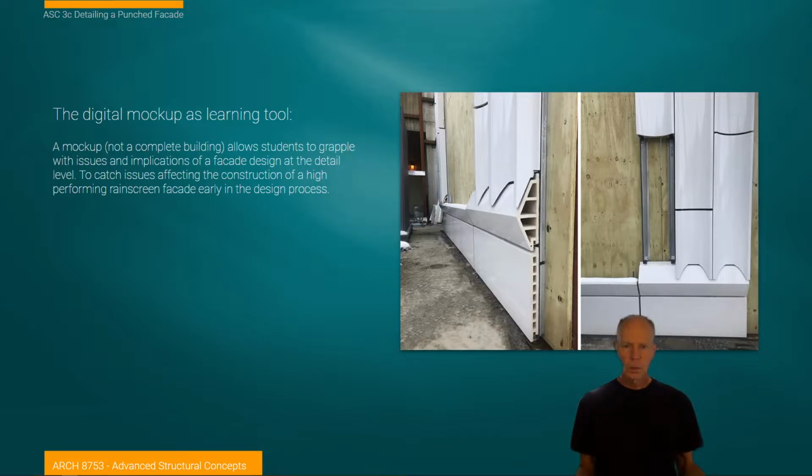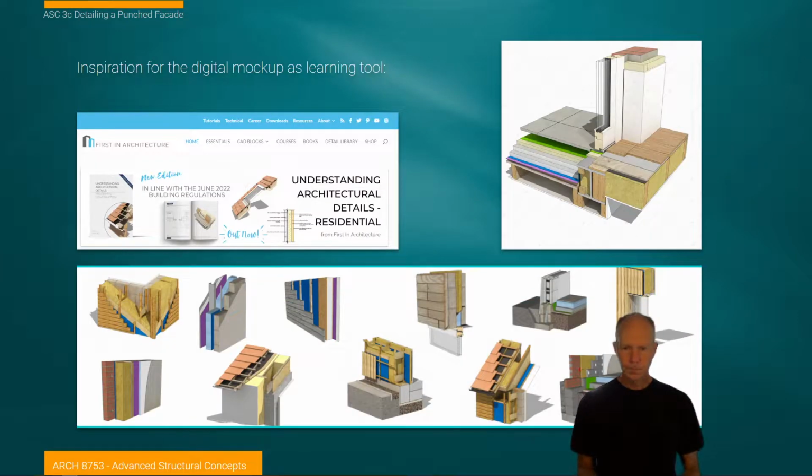There's nothing really new about the idea of making mock-ups. They are great ways to explain our ideas and to get a first-hand physical idea about what's going on. But the digital mock-up is facilitated by the fact that we have really good software now to do this kind of detail modeling, and we can create compelling, realistic outputs that give us a really good sensitivity to the design issues we're grappling with.